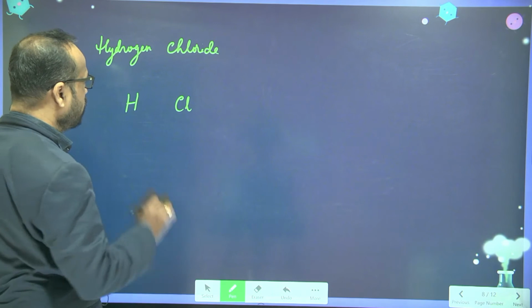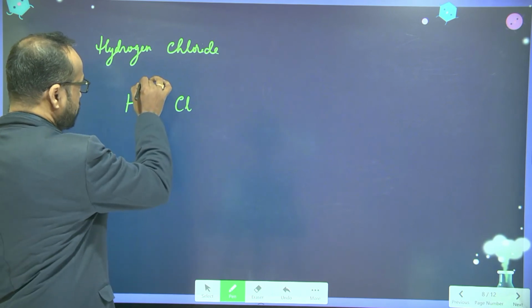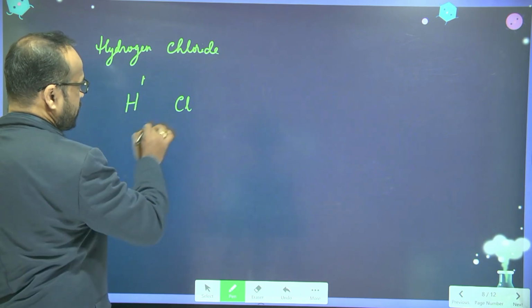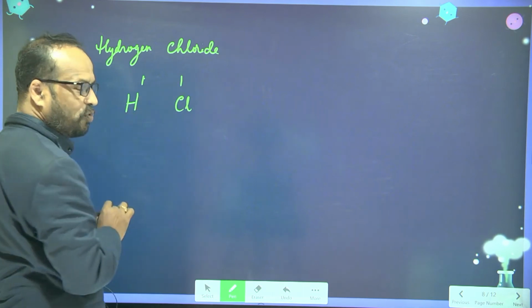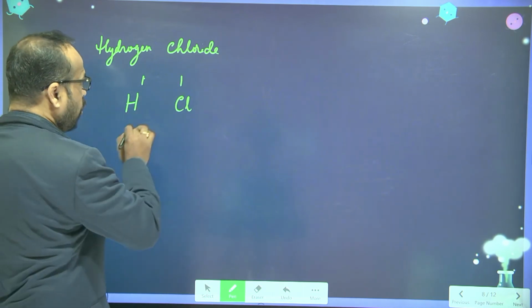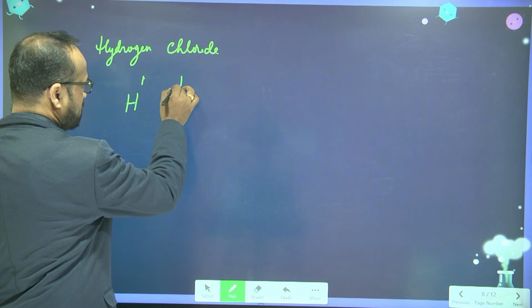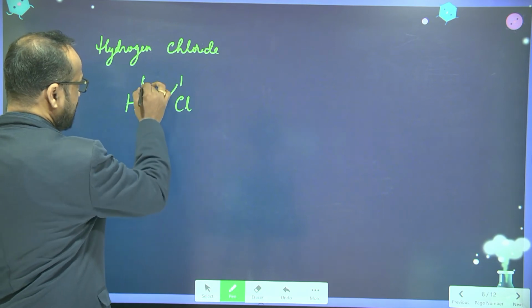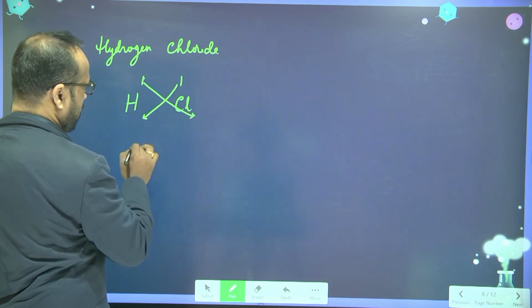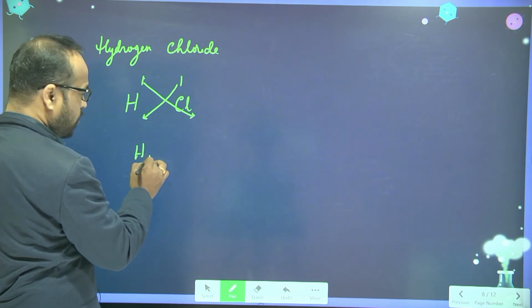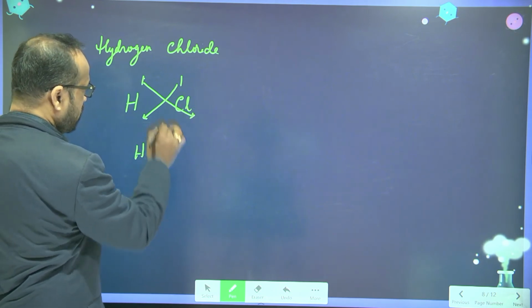Now you have to check the valencies. Hydrogen valency is 1. Chlorine valency is also 1. So you have to crisscross: this one you write here, and this one for the chlorine.